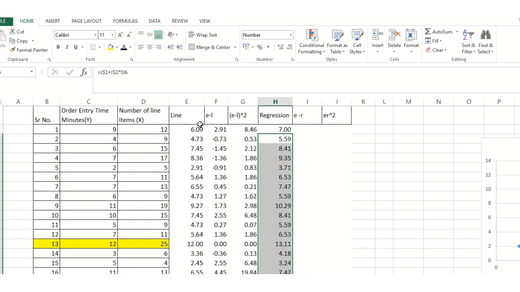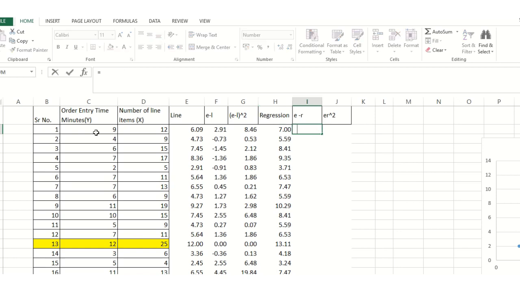Now we will see the difference between the observed value and the value we got by calculating through regression coefficients. So this minus this, we got 2 here. Similar to that, I am calculating all.